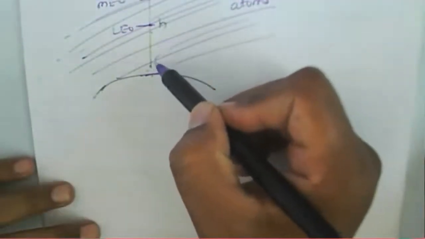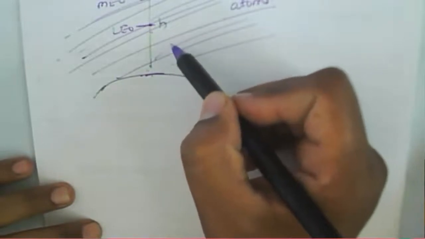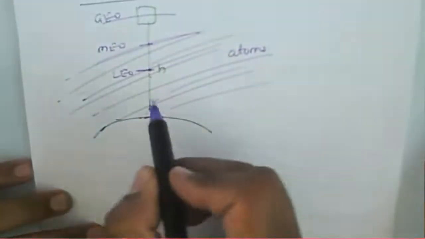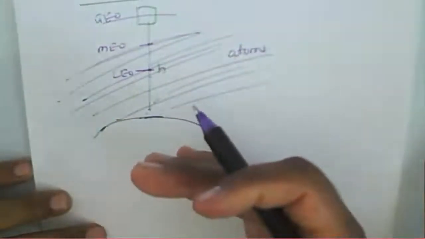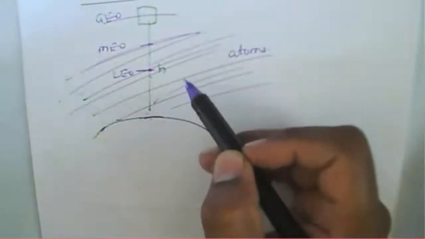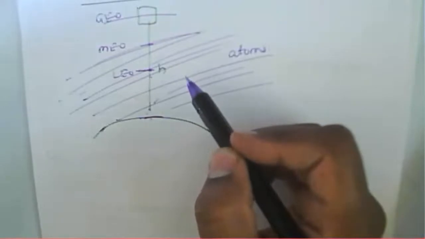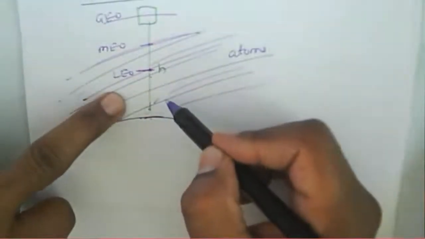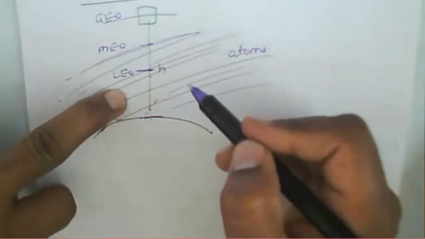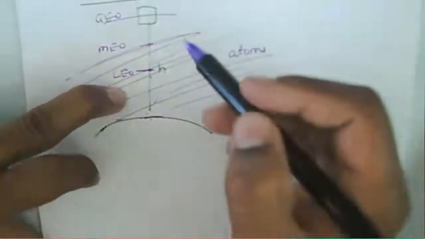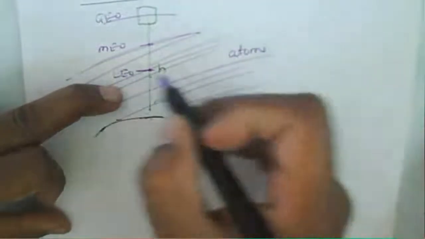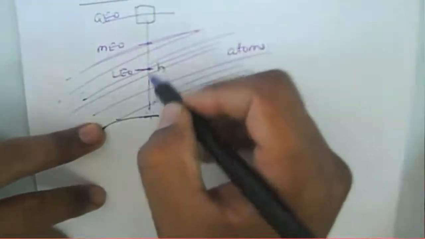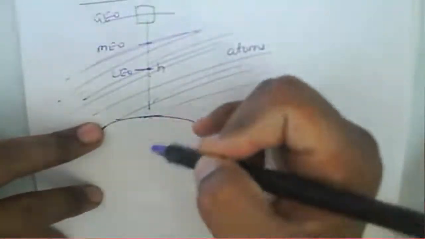When a space shuttle comes nearer to the earth's surface, it gets heated, and with more and more heating it burns.